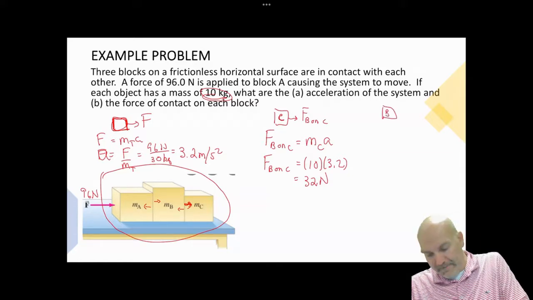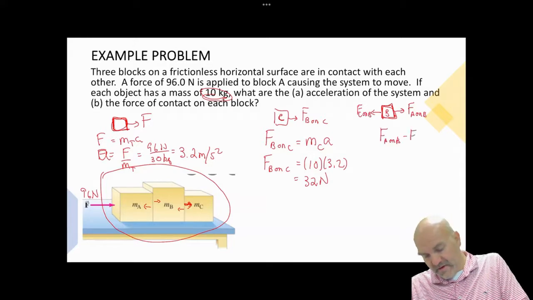So now I'm going to look at B, right? And I could look at A if I want. For B, I'm going to have F of A on B and F of C on B. So I'm going to have F of A on B minus F of C on B equals mBa.